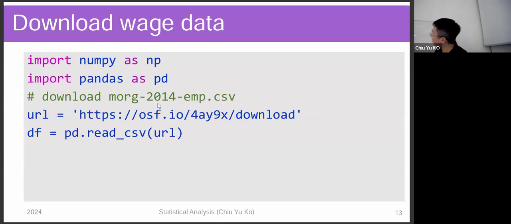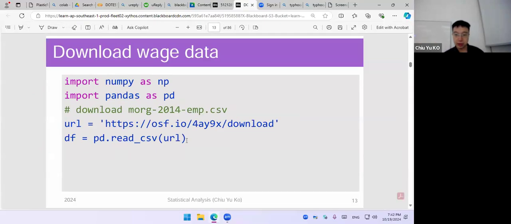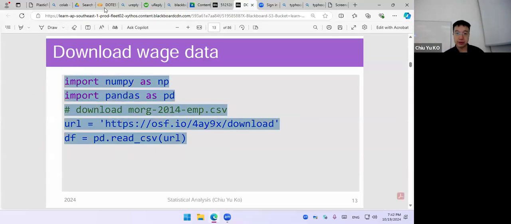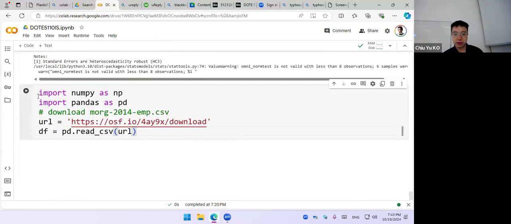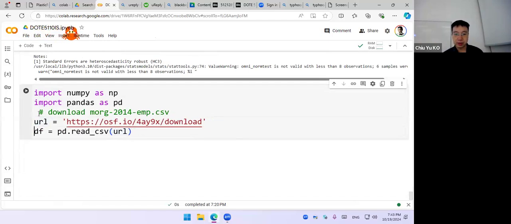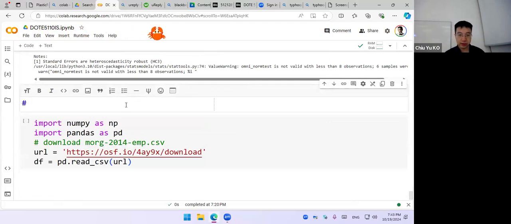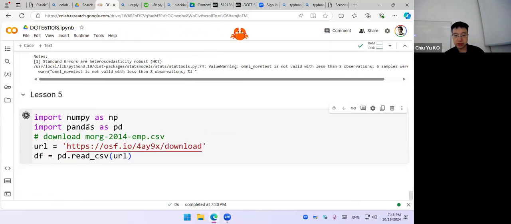So let's look at the data. This is what we do. Okay. Let's quickly run this. This one shouldn't be something very complicated. I think we now should be at the set of lesson 5. Let's run this one.